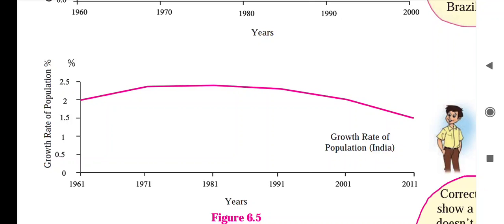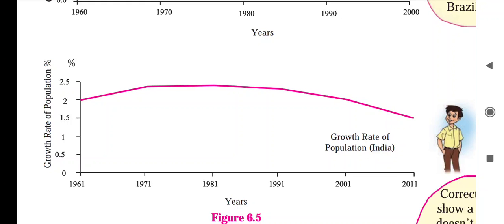In the year 1971 the graph has increased, or we can say the population growth rate has increased. In 1981 we find it is stable. Then in 1991 it slightly goes down.